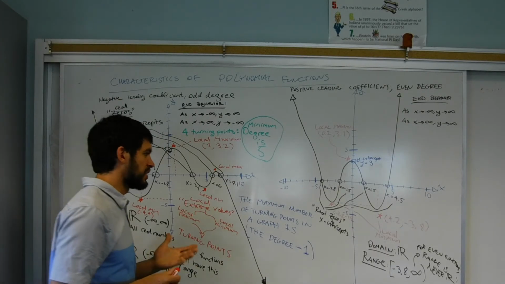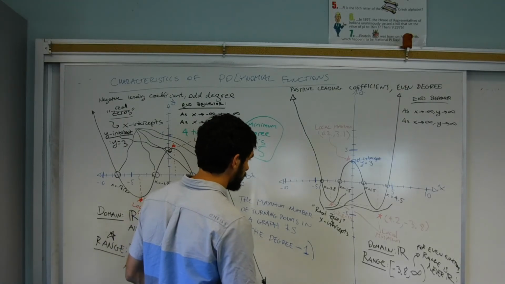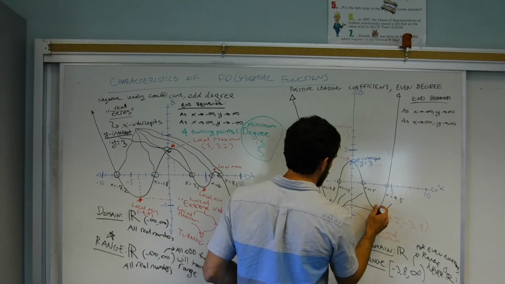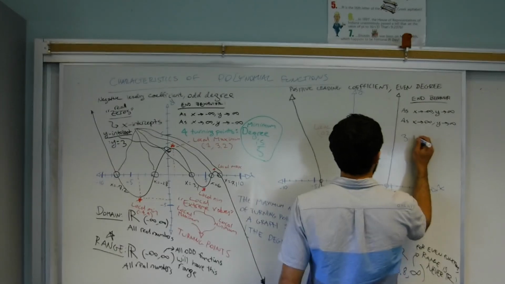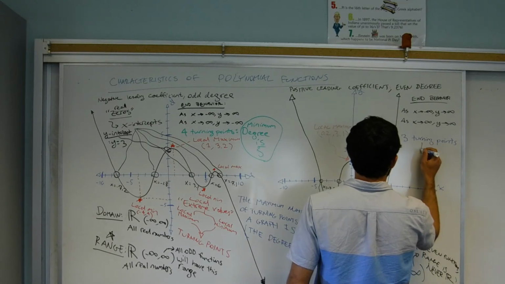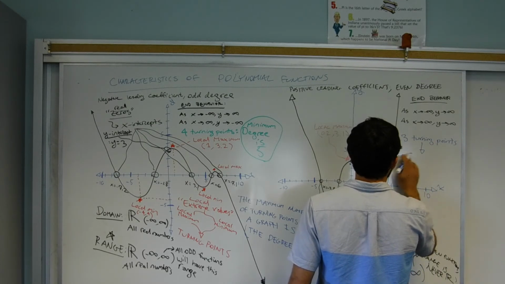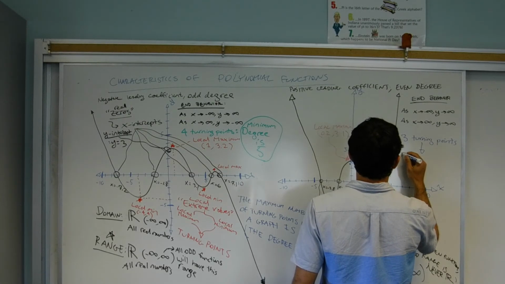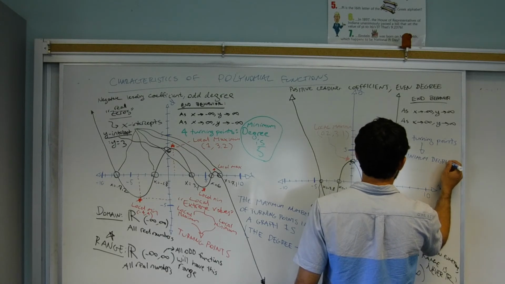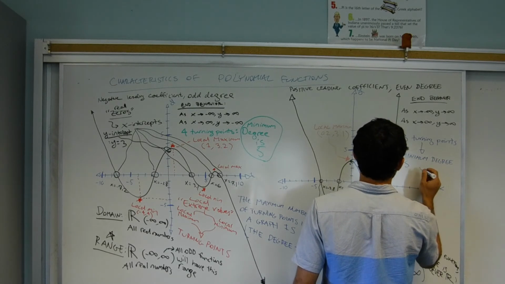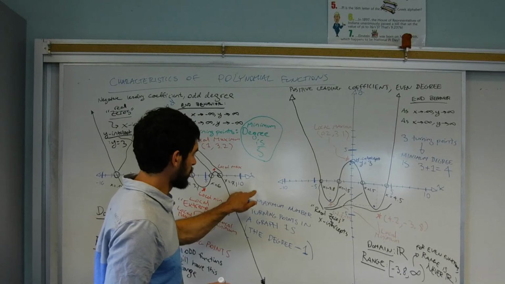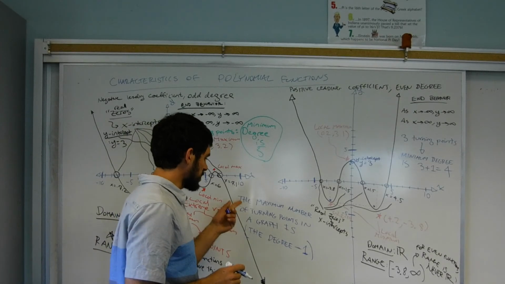And then we just want to look at how many turning points our graph has. We have a turning point over here, a turning point over here, and a turning point over here. So we have 3 turning points. That means that our minimum degree is 3 plus 1, which is equal to 4. I'm just reversing this phrase here. Let's write down an equation for it.